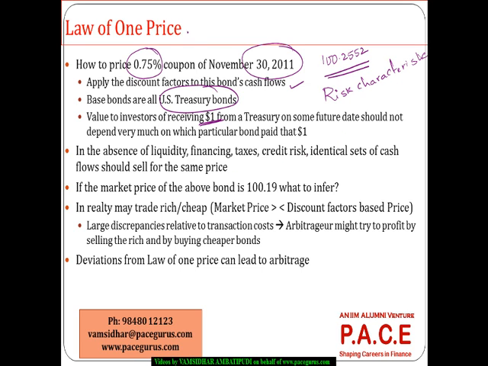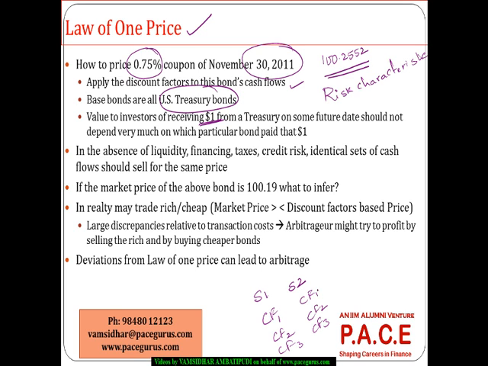And this is where the law of one price comes in, which clearly says if there are two sets of securities S1 and S2 which are giving identical cash flows in the future, let's say after 6 months they are giving the same cash flow, after 1 year they are giving the same cash flow, after 1.5 years they are giving the same cash flow.